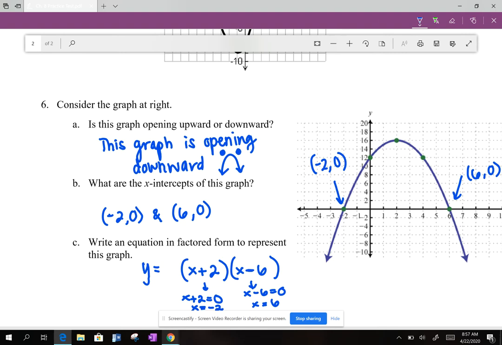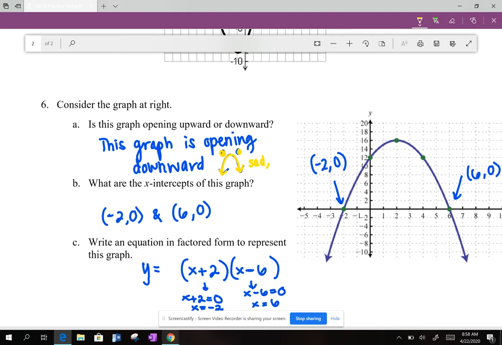Here's one more thing, though, that we need for our equation. We need a negative sign. And here's why. Since this graph is pointing downward, okay, it's like a sad face.